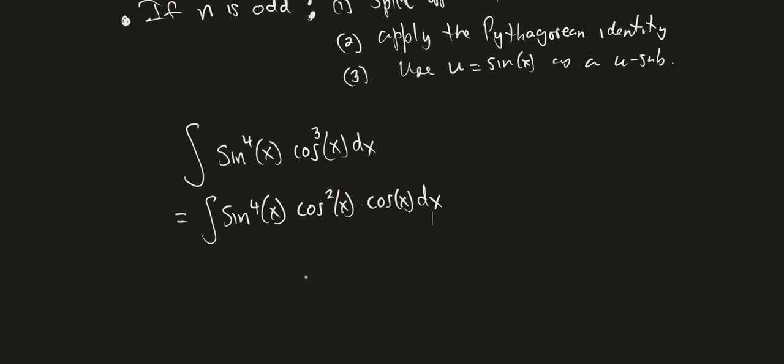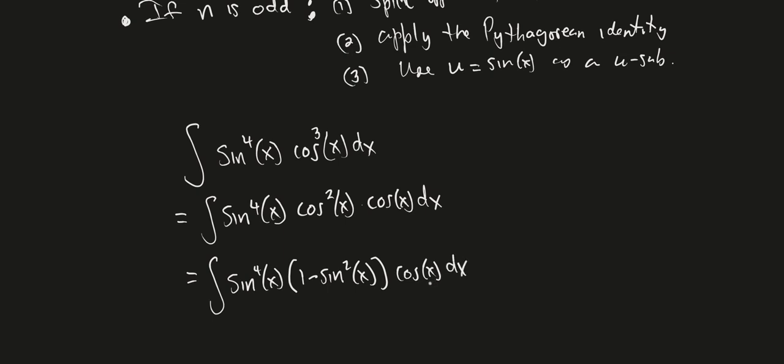Let's take a look at that. So we have sine of x to the 4th power. Now apply the identity, and cosine squared of x becomes 1 minus sine squared of x. And then I keep my cosine of x dx.